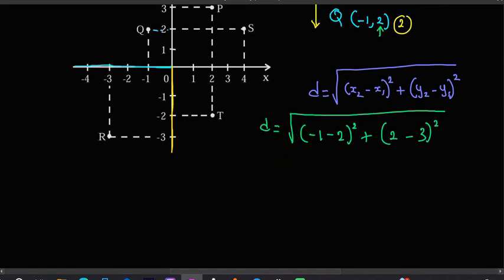So don't worry about the negative sign, because once you square it, it's going to become positive. Okay, so -1 minus 2 is what? Minus 1 minus 2 is minus 3. How do I know this? Simple number line. Look at this graph here.